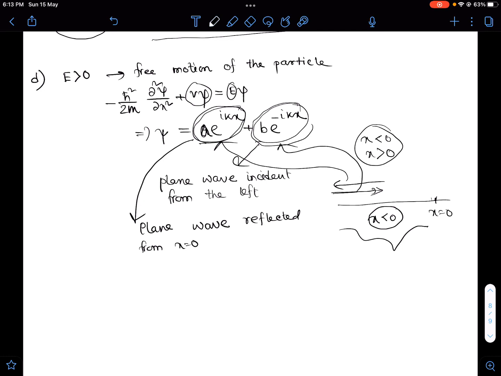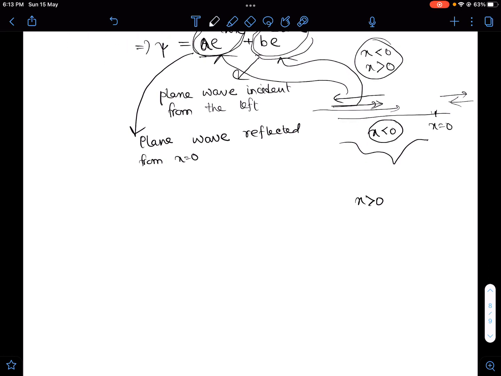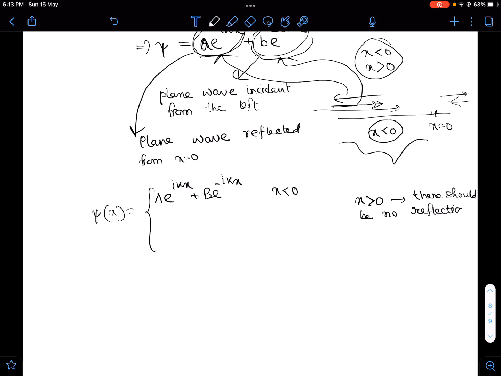So this is represented by this and this is represented by this. But for x greater than 0, as the wave is coming from this direction, no wave is coming from the other direction, so there should not be any reflection on this side. So we can write our wave function to be a e to the power ikx plus b e to the power minus ikx for x less than 0, but for x greater than 0 there should be no reflection, because no wave is coming from this direction.